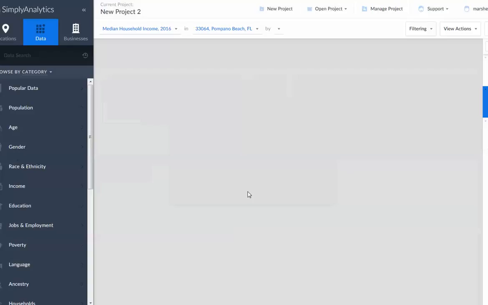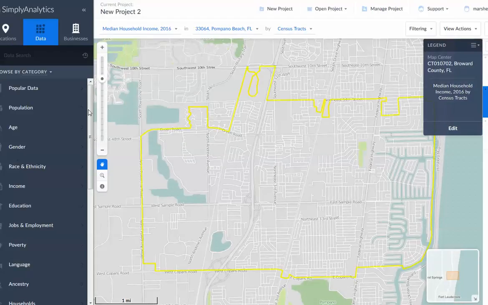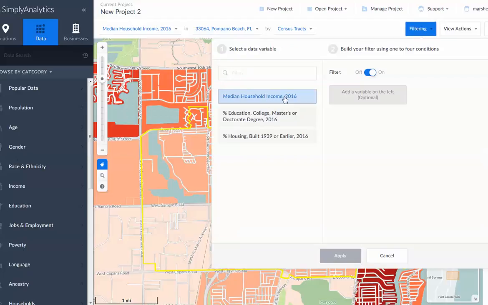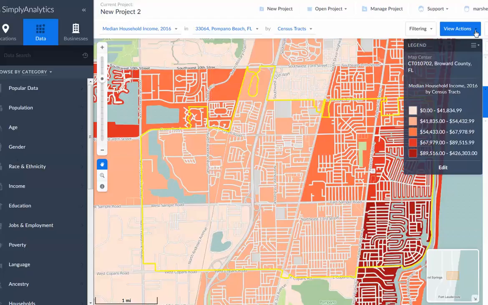And what we start off with is median household income in a map. I get median household income, percentage of education, and the kind of housing I live in, right?